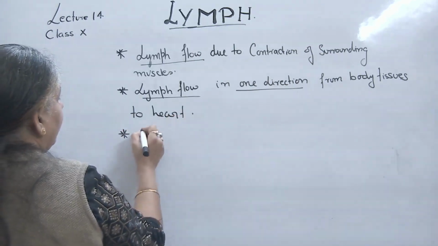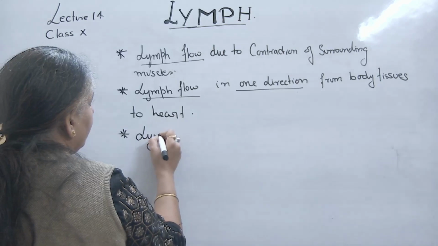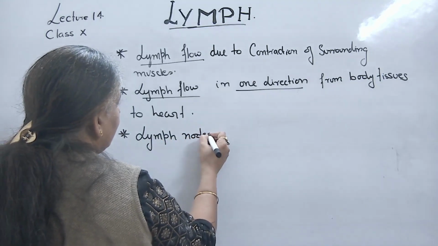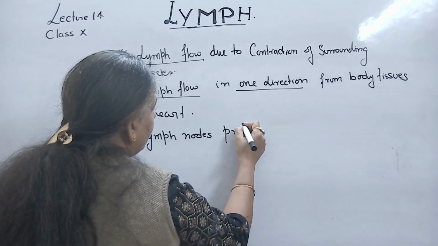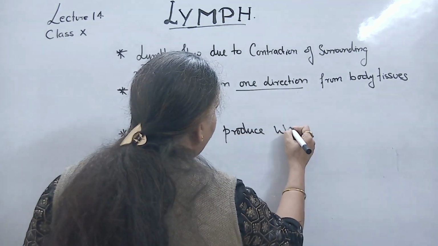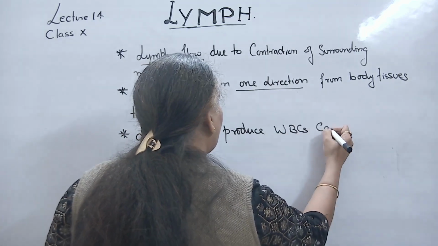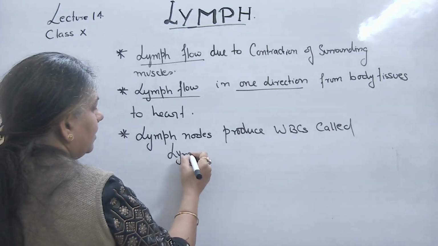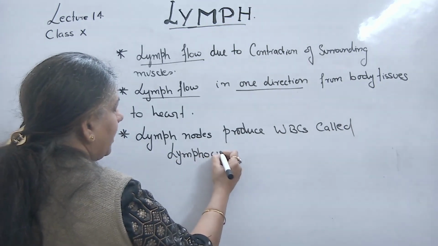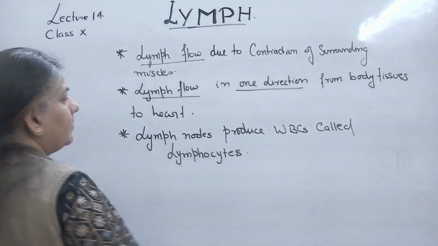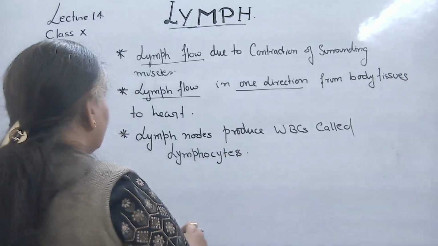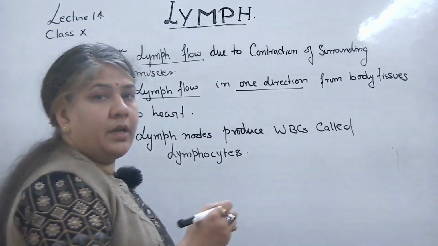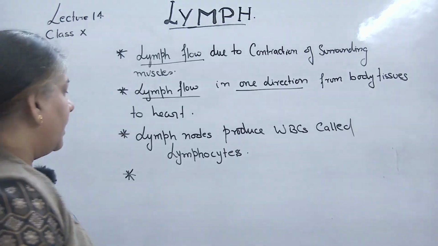Next important point is the function of lymph nodes. They produce WBCs called lymphocytes. Another important point is the direction or the path it is taking.